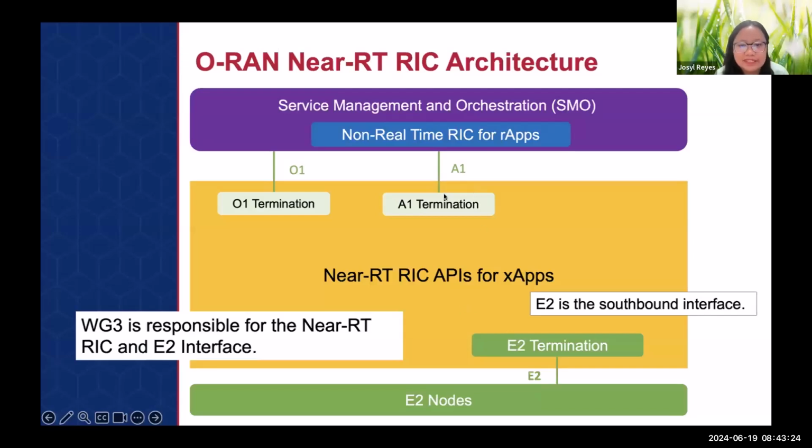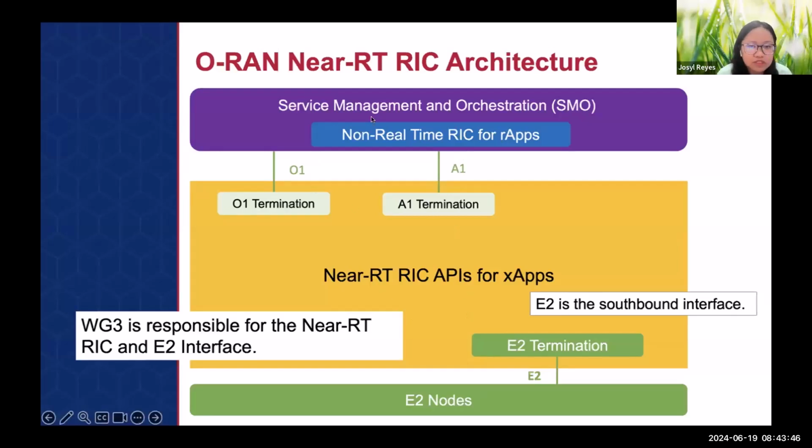So the northbound interfaces are A1 and O1, and the southbound interface is E2. Again, it doesn't mean unidirectional, but rather it just shows the usual convention of going from a higher block to a lower block.